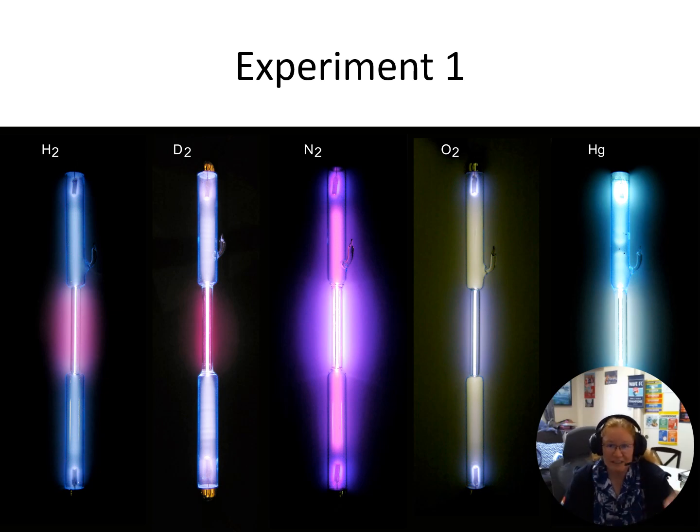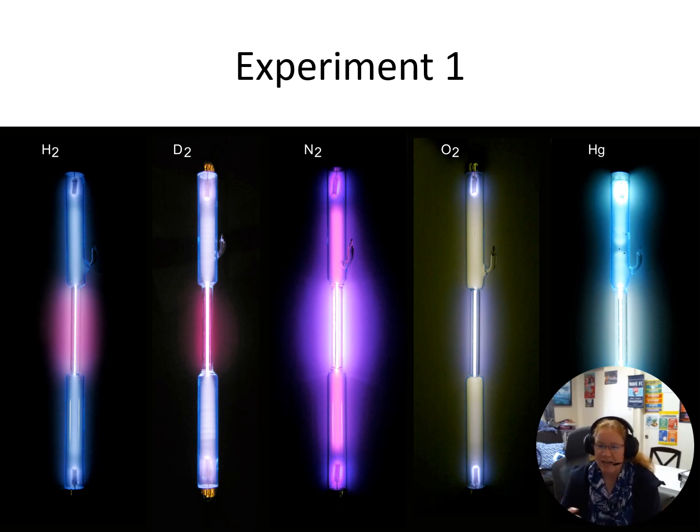Now, the only difference between the hydrogen and the deuterium is that deuterium is the isotope of hydrogen that has a neutron with it, because most hydrogen is just one proton, but there are a few isotopes of hydrogen that have one proton and one neutron, and a few even smaller that have one proton and two neutrons.